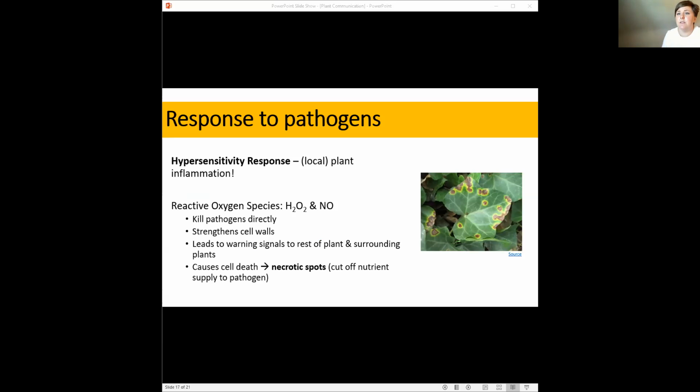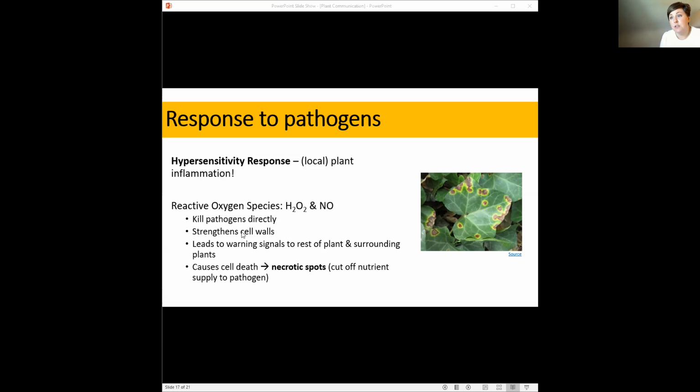The plant's response to detecting the pathogen is to generate some chemical defenses. This can include reactive oxygen species like hydrogen peroxide and nitric oxide. These chemicals are pretty great at fighting pathogens. They can kill the pathogen directly. They can strengthen cell walls in an effort to prevent pathogen entry into the cytoplasm.